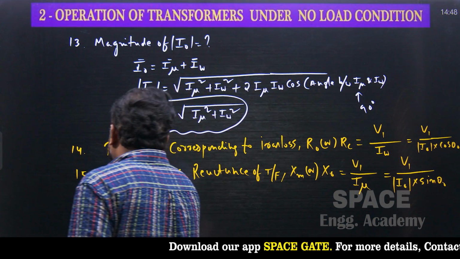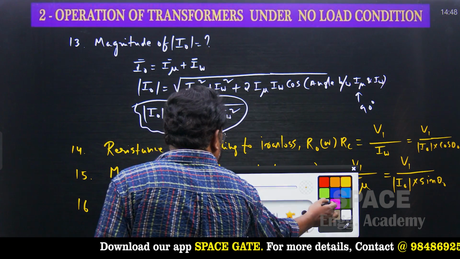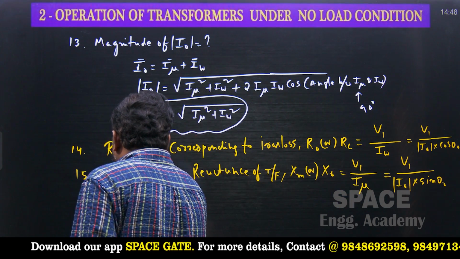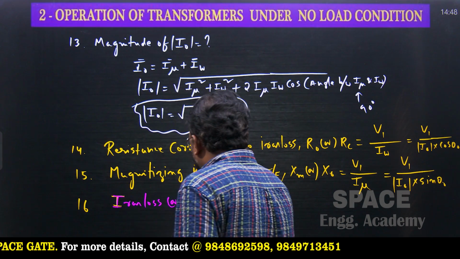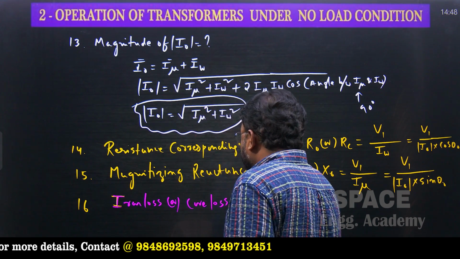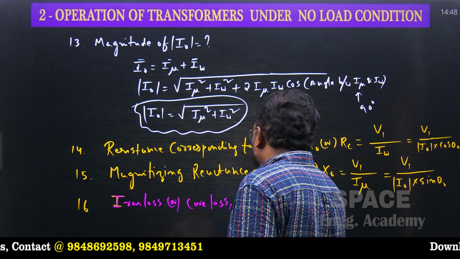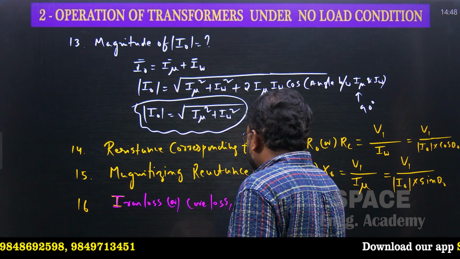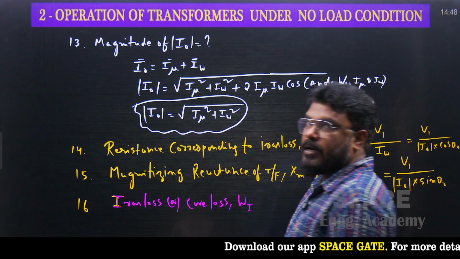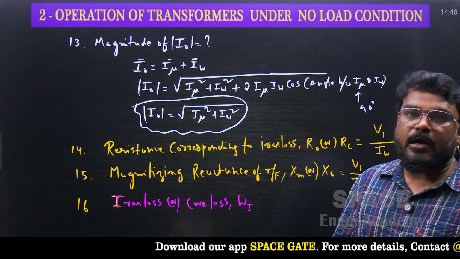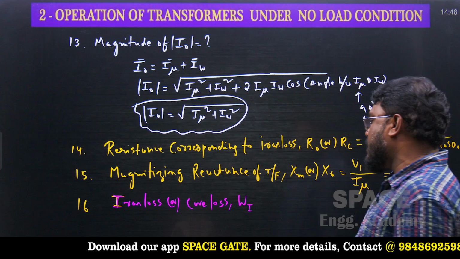Iron losses are the core losses of the transformer, denoted by Wi, sometimes Pi also, the sum of hysteresis loss and eddy current losses.